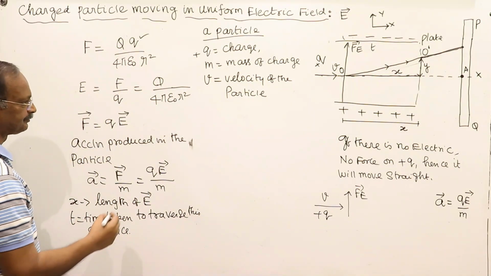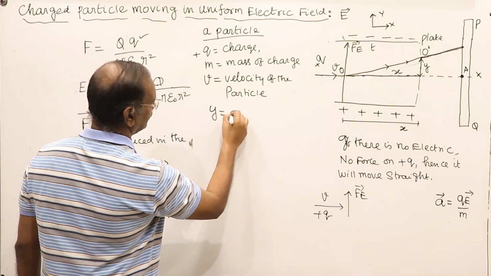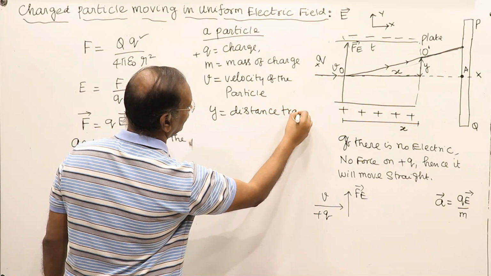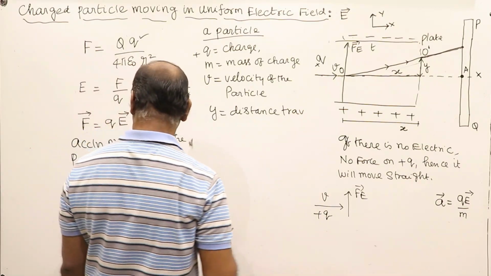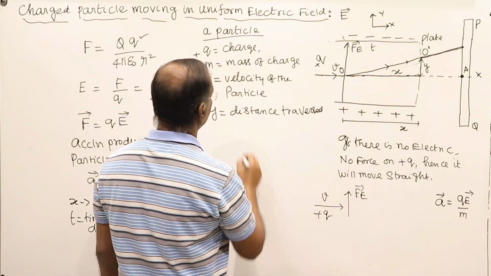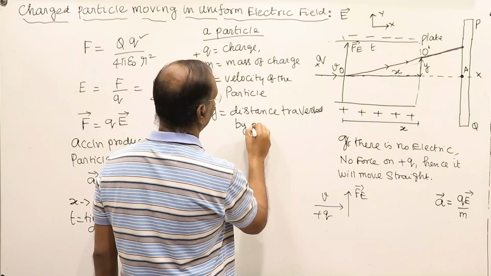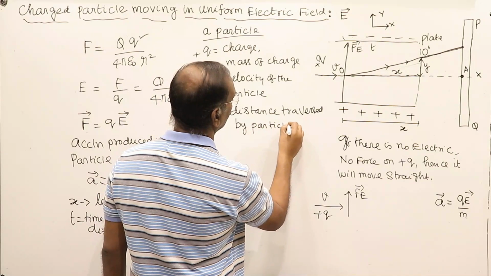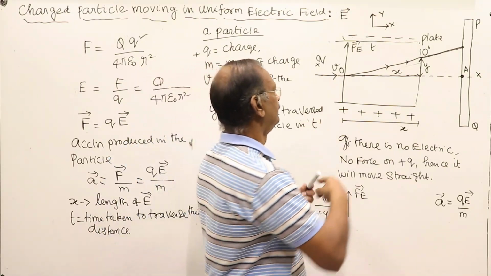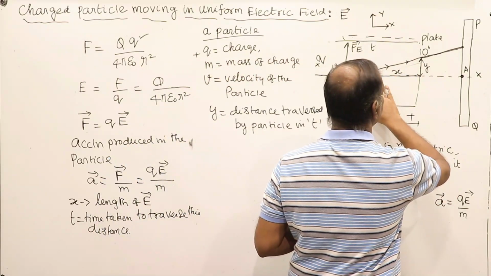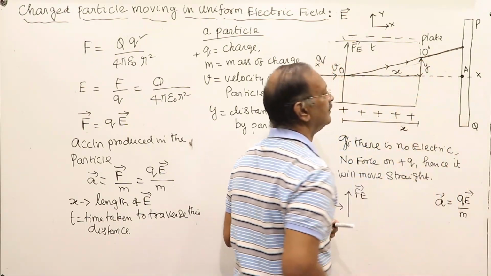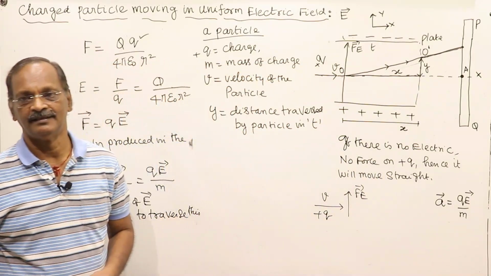Now y is the distance traversed by the particle in the same time t, because from here to here it reaches in t seconds. It means it crosses distance x in the same t seconds, and it moves distance y in the vertical direction also.